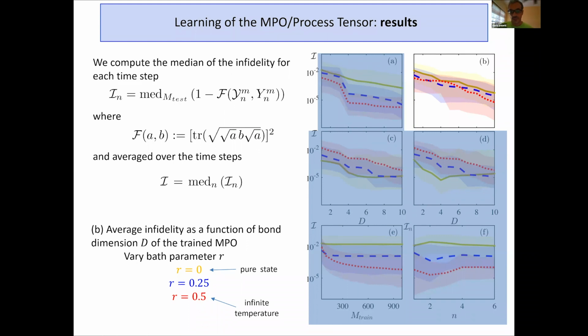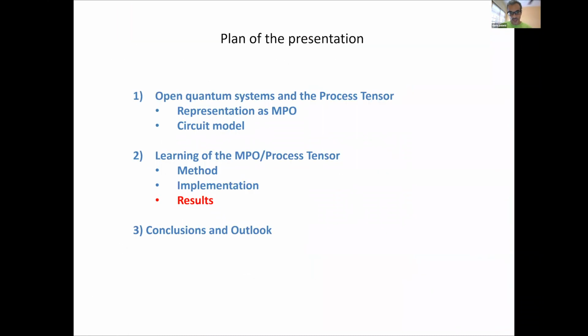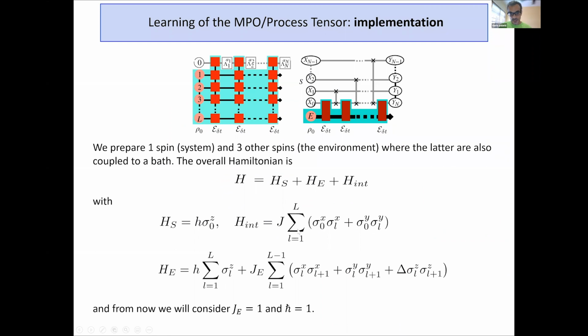The next step is to look at the strength of the coupling between the system and the environment. This famous J here, which I can go back and show you again in the Hamiltonian, is this term here that couples your system with all the spins in the environment.